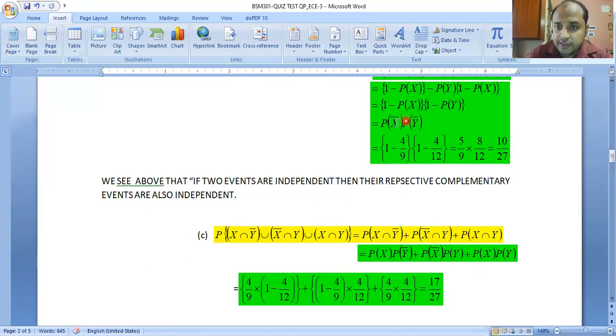These are another two theorems. I have proved this for you, but you are supposed to prove, using a Venn diagram or set theoretic logic, that this also holds good for two independent events, capital X and capital Y. I have used their results only here. So by that result, this can be written as Px into Py bar, this is Px bar into Py, and therefore put all the values and you will get 17 by 27.